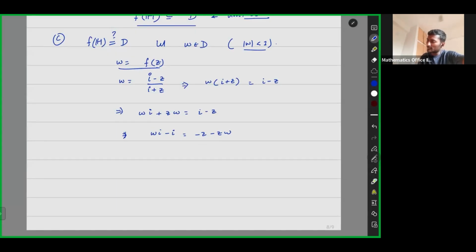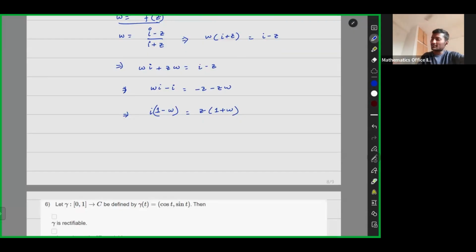Multiply both sides by minus 1 and take z common, then z times (1 plus w) is equal to i times (1 minus w). If there is any wrong calculation, you can point it out, because I have not solved it earlier; right now I'm solving with you. So z is equal to i times (1 minus w) by (1 plus w). Only this much we have got.